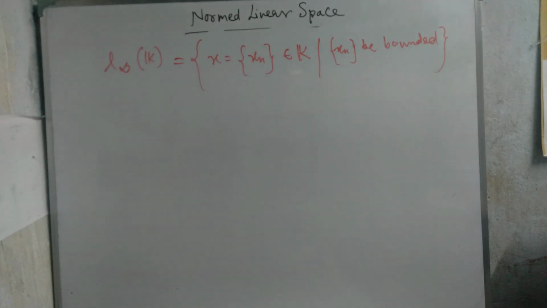Today we also discuss non-linear space. Some examples we also check here: whether this one is a vector space or not. Okay. We also check this example now: L infinity k, the set of all bounded sequences in k.